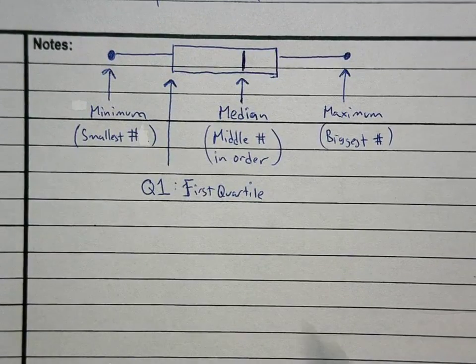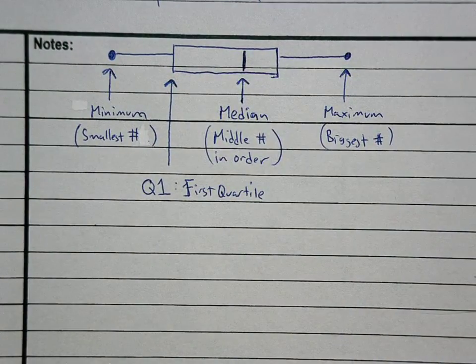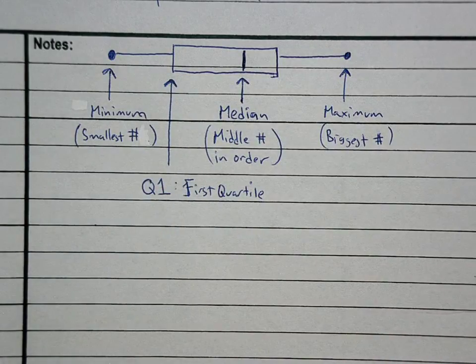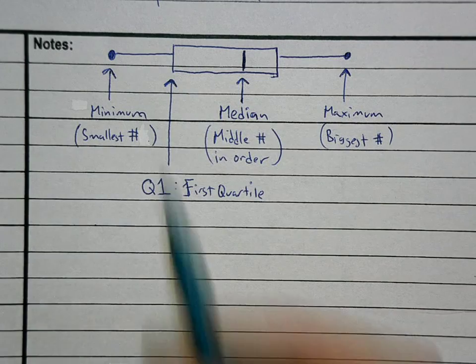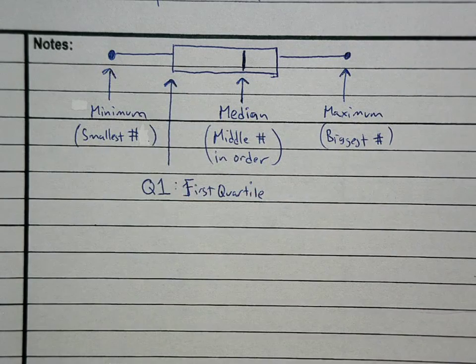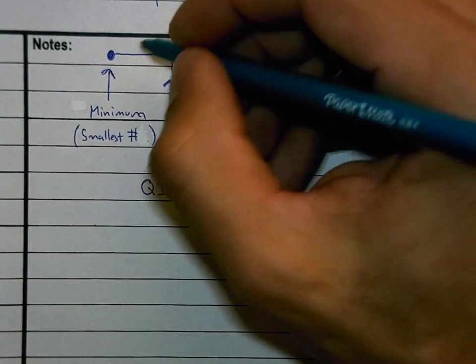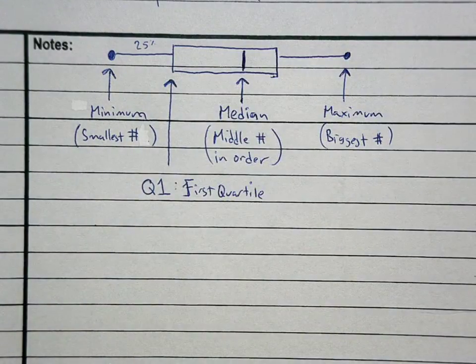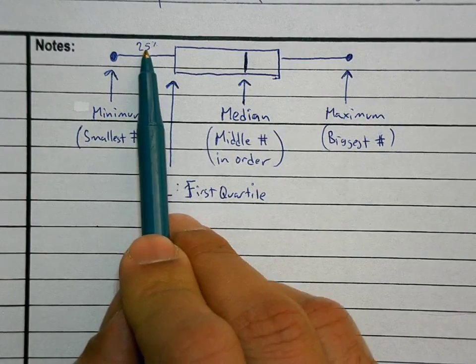Q1 is our first quartile. It's basically saying this is where 25% of our data is, here and below. That's what the first quartile is. Think about a quarter. There's 25% of your data over here. So I want you to put a little 25% right there.